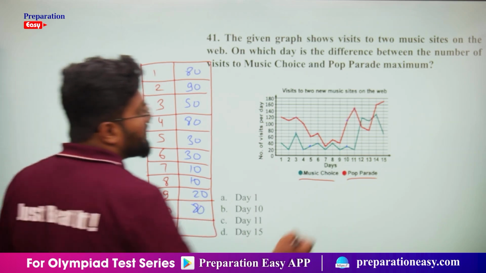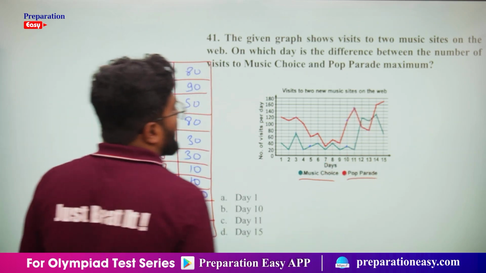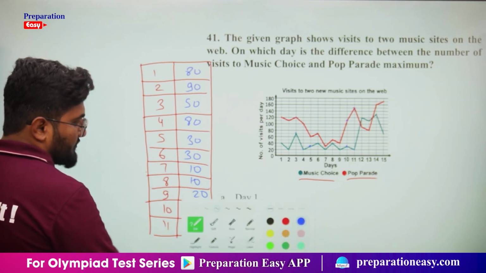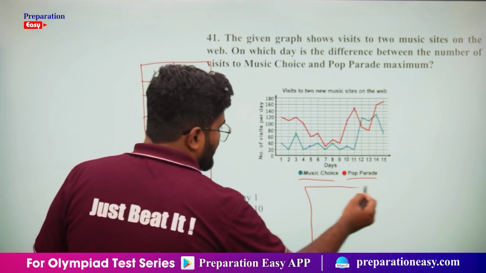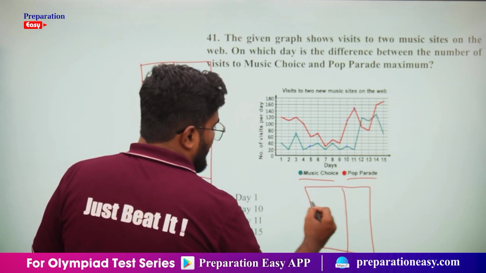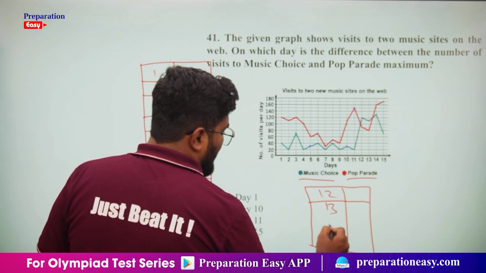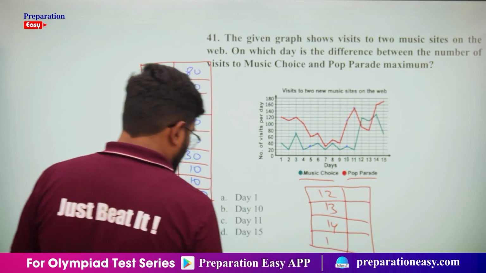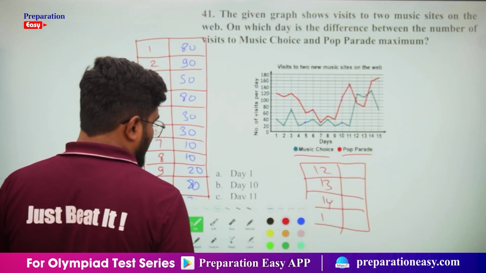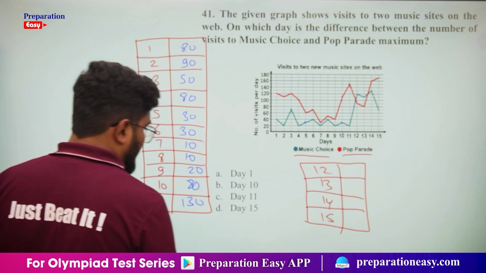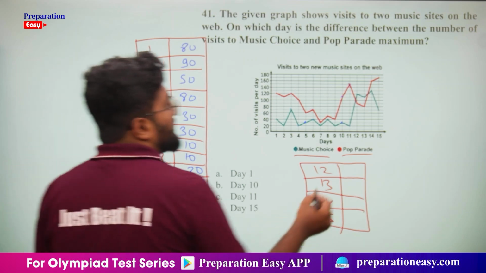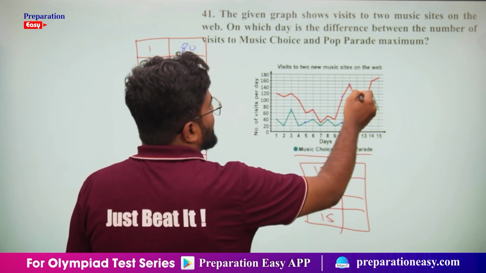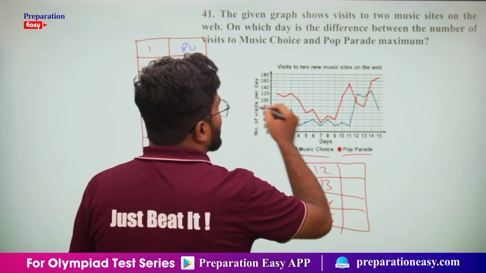Day 11 would be 20 and 150. That is 130. Then further I will write here for 12, 13, 14 and at last 15th. So on day 12, music choice is 120 and pop parade is 90.